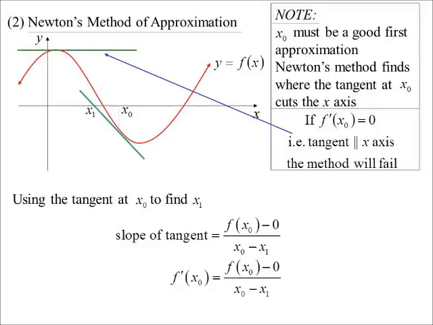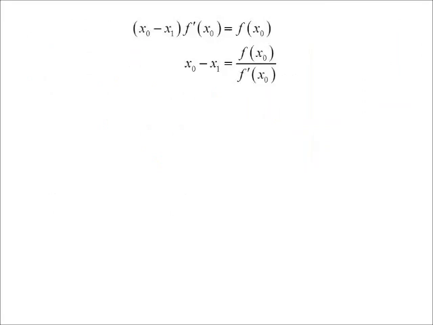So the derivative is equal to that at x naught because the derivative is the slope. If I was to rewrite this by multiplying by the x naught minus x1 and then dividing by the f dash x naught, we come up with a formula because remember we're trying to find x1.